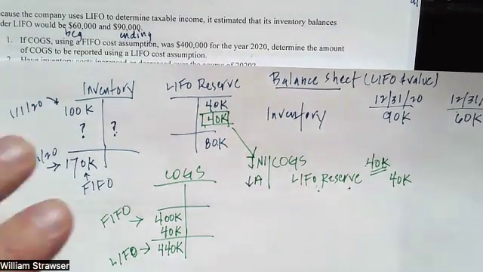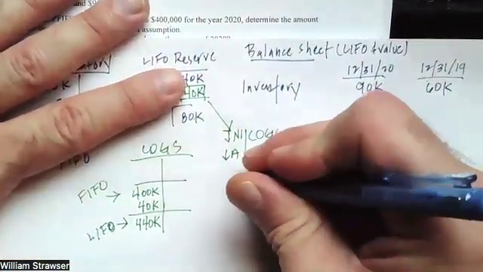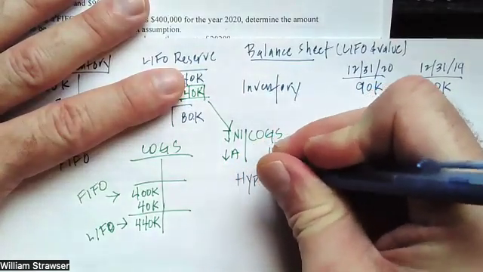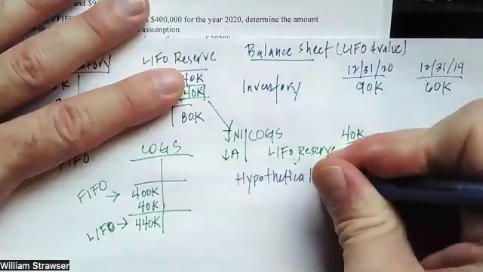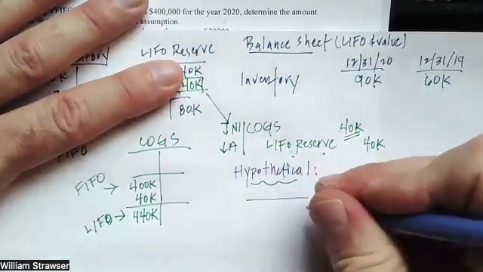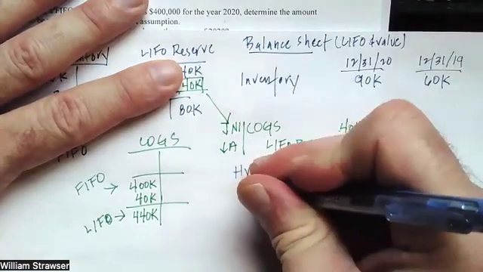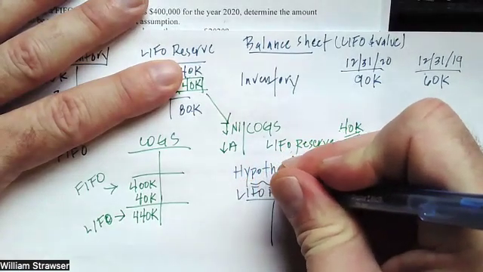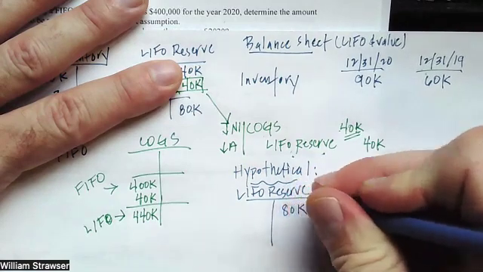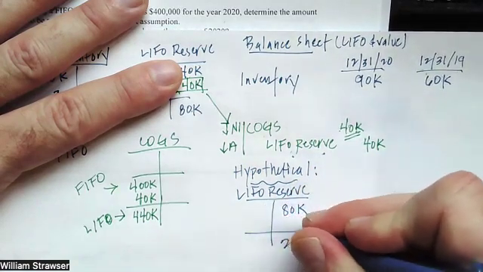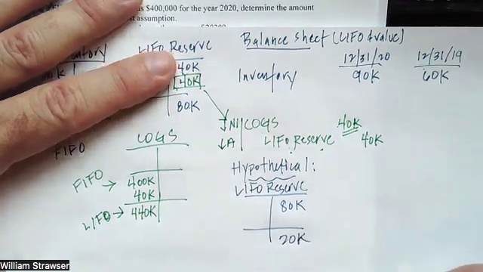It could be kind of a hypothetical moment here. It could have been that my LIFO reserve, let's say, went from 80 down to 20. I'll make different numbers just so we don't get the same repeating.